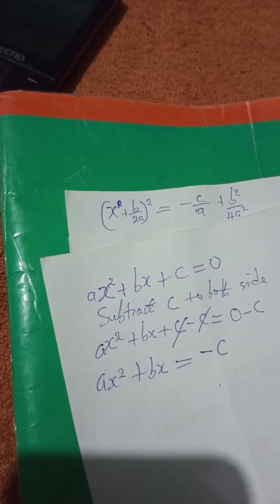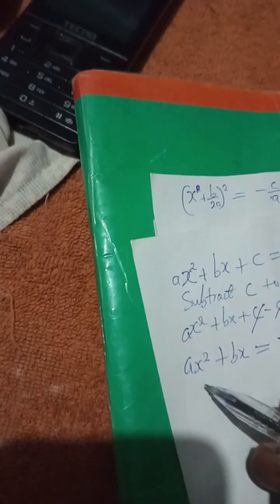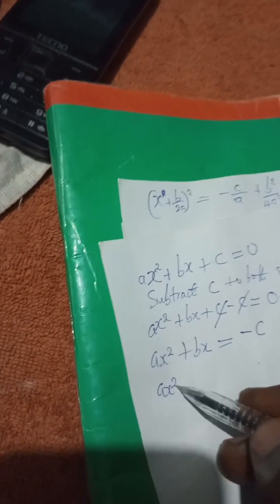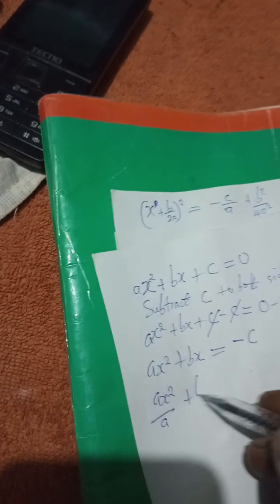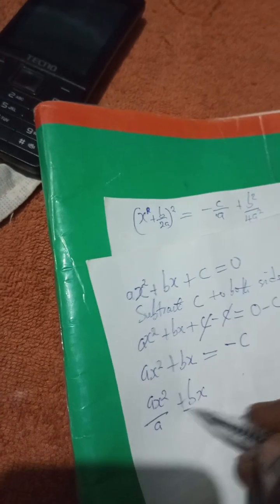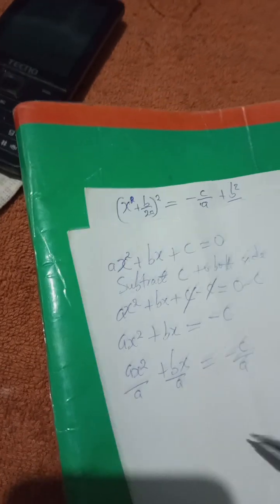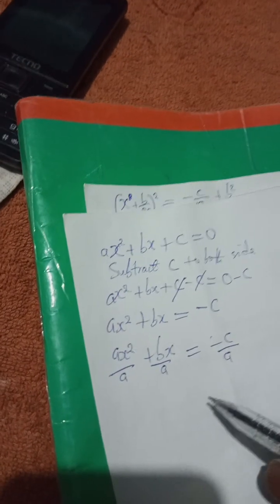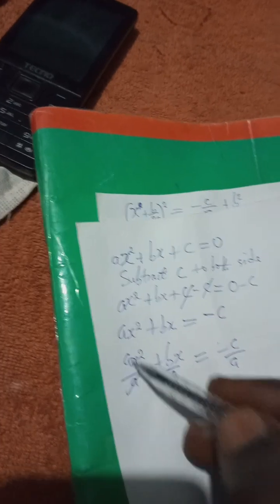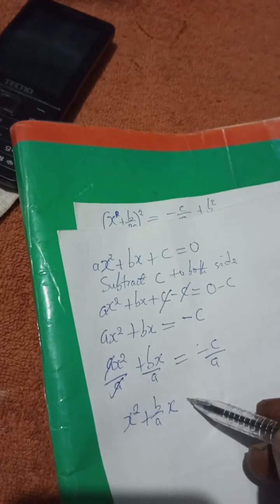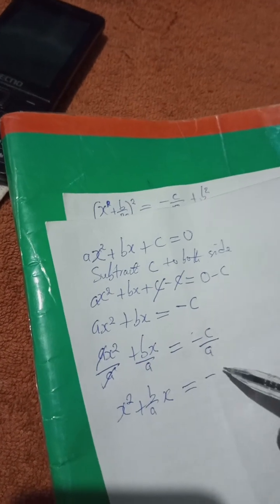We divide each term by a, which will give you ax squared divided by a plus bx divided by a is equal to minus c divided by a. Now if you have done this, you have x squared plus b over a of x, and this will be equal to minus c over a.